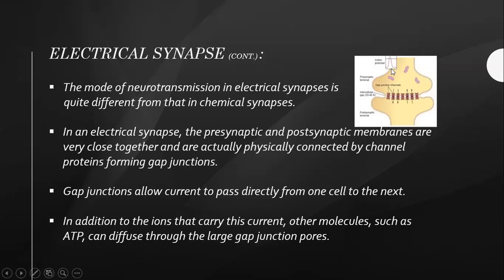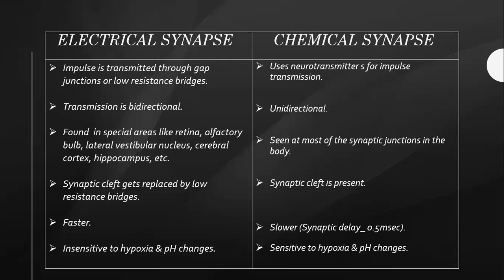So here we can see the presynaptic terminal and the postsynaptic terminal connected by the gap junction channels. So when an action potential reaches here, the gap junction channel opens, resulting in exchange of ions across these two cells, and thereby resulting in transmission of coupling potential in the postsynaptic neuron.